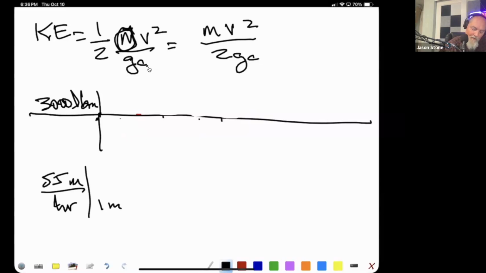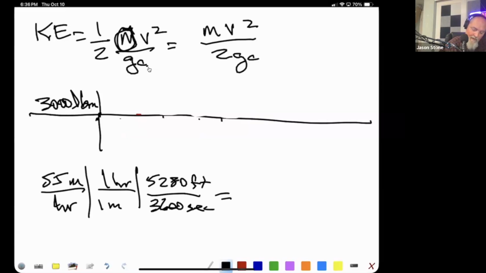So 55 miles per hour, 1 mile is 5,280 feet, over 1 hour is 3,600 seconds. So what is this equal to? We have hour, mile, mile. We're left with feet per second. That's what I want.